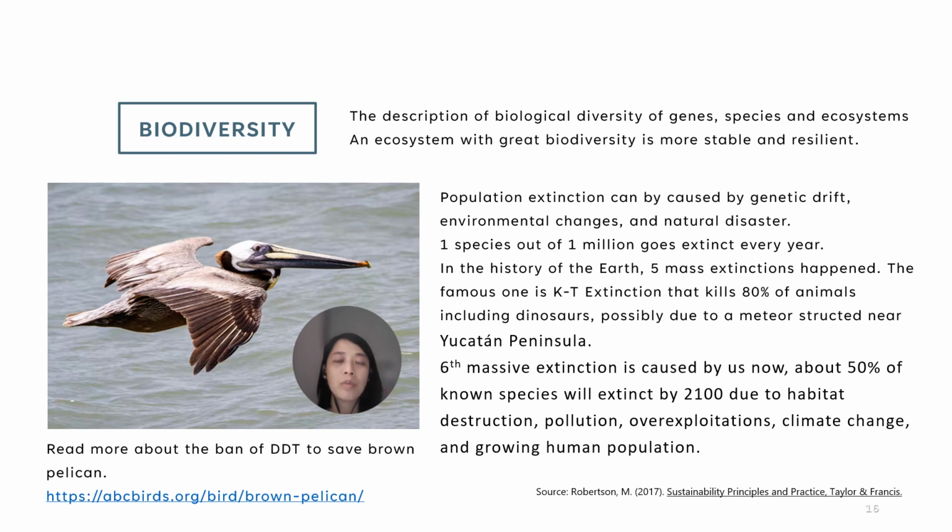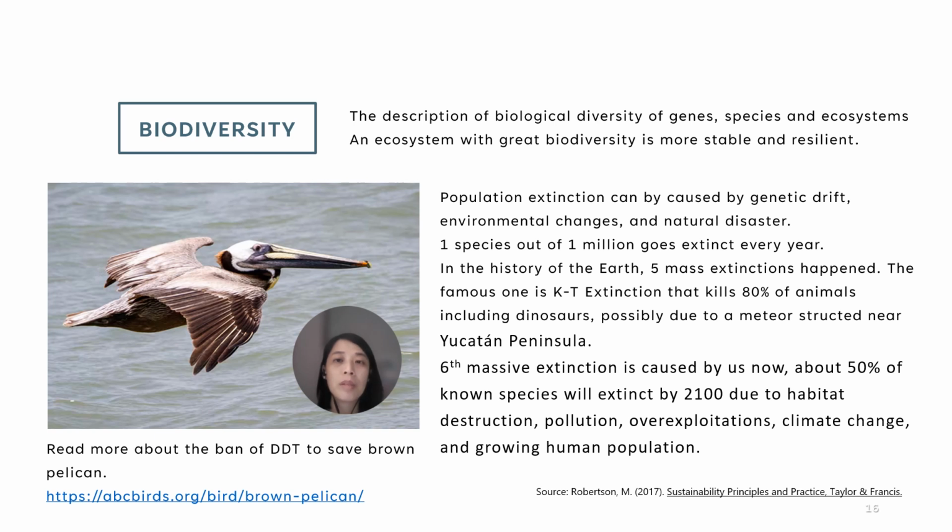The famous one is the KT extinction that killed 80% of animals, including dinosaurs, possibly due to a meteor that struck near the Yucatan Peninsula. The sixth mass extinction is caused by us.